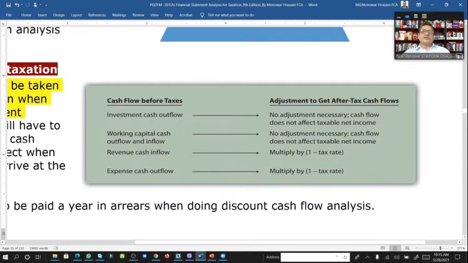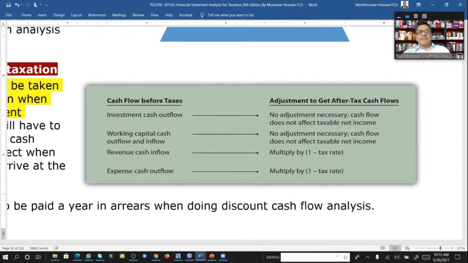Here, cash flow before tax is on the left side and the adjustment on the right side. For investment cash flow, no adjustment is necessary. Investment cash flow is how much money we are investing in year 0, and it does not affect taxable net income in year 0.